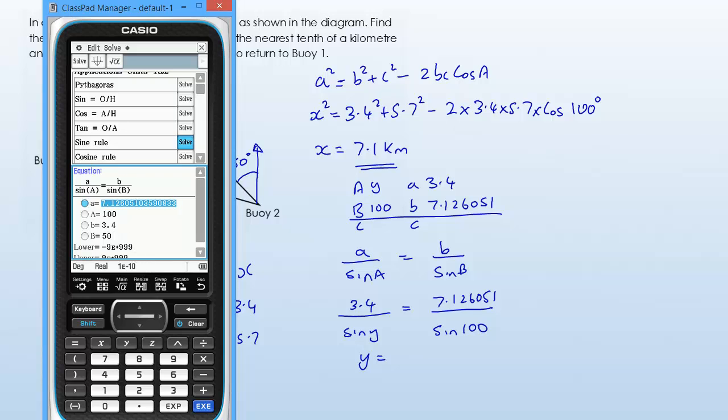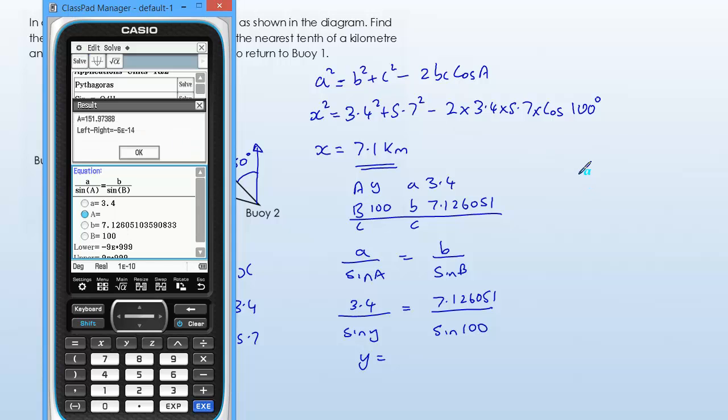It's stored that number in A, and I could just copy it and paste it into B. And then A, we actually know is 3.4. The angle A is what we're trying to find. And angle B is 100. And solve.